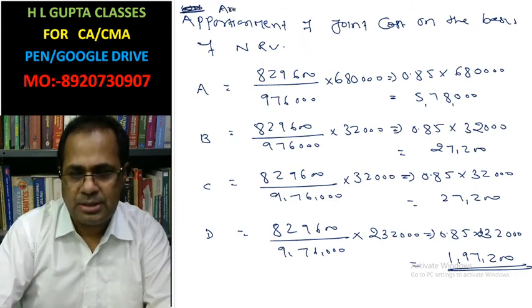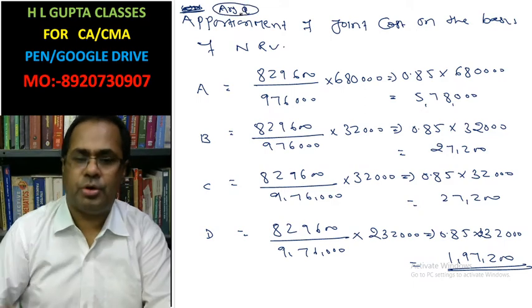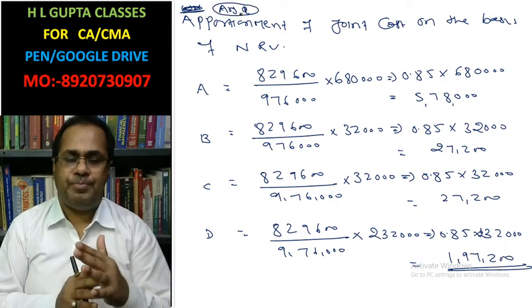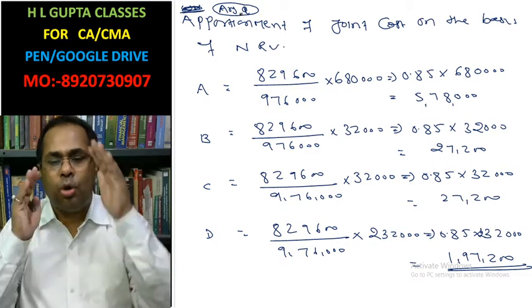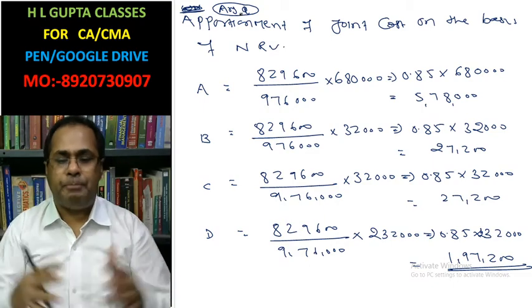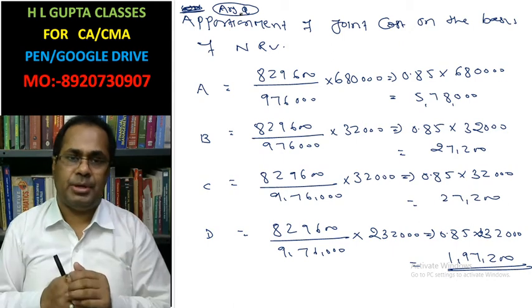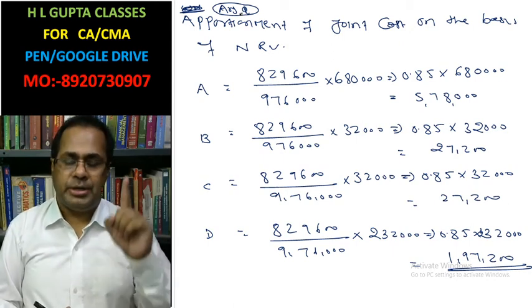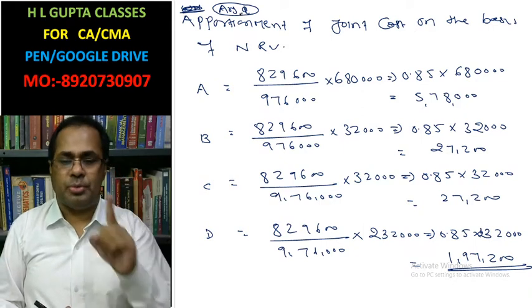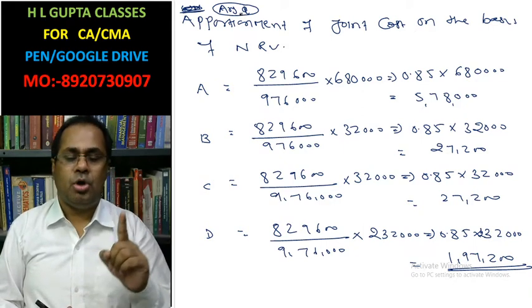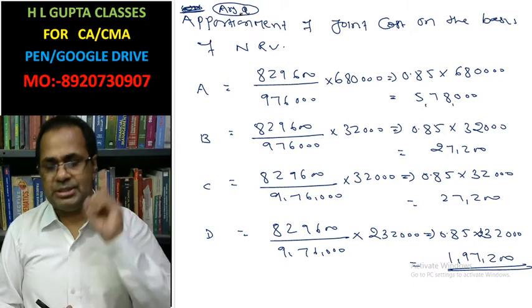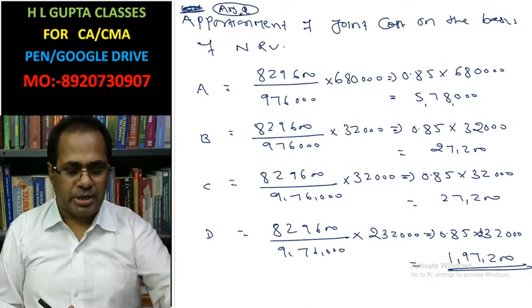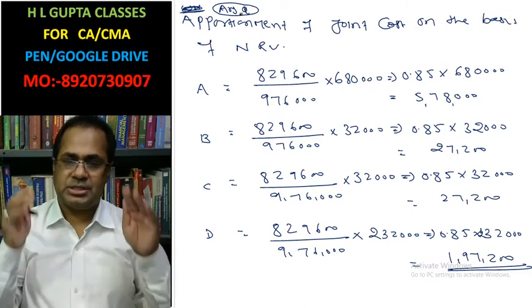We apportioned all joint cost on the basis of net realizable value. First we calculated net realizable value, took ratios on that basis, and on such ratio the joint cost was allocated and apportioned.